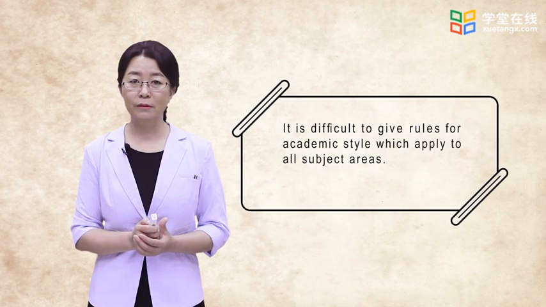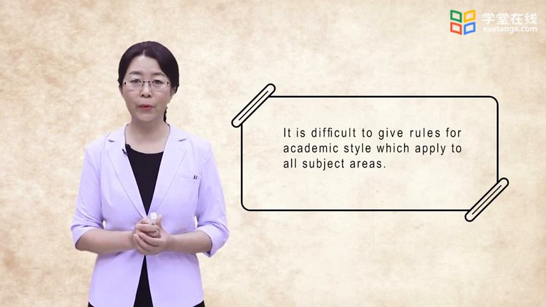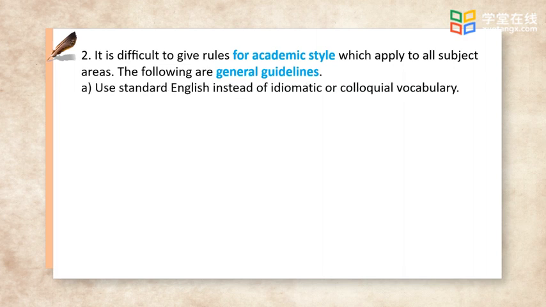It is difficult to give rules for academic style which apply to all subject areas. The following are general guidelines for academic style. A. Use standard English instead of idiomatic or colloquial vocabulary.